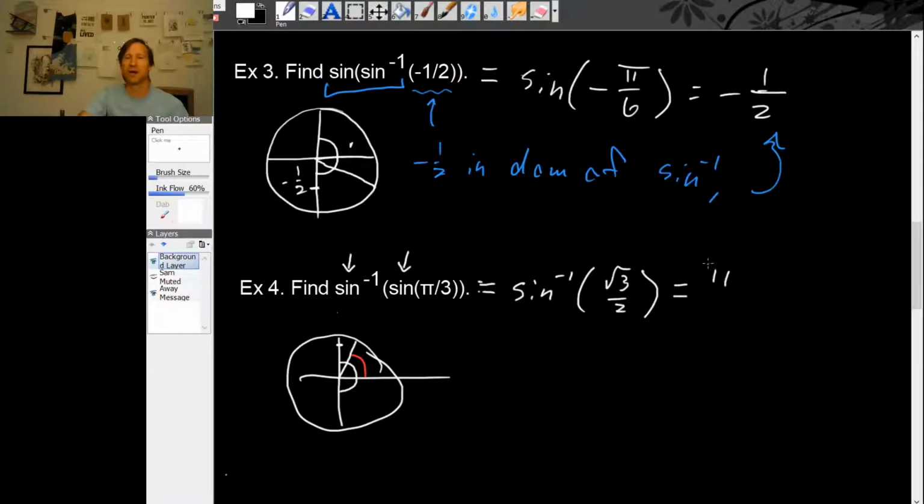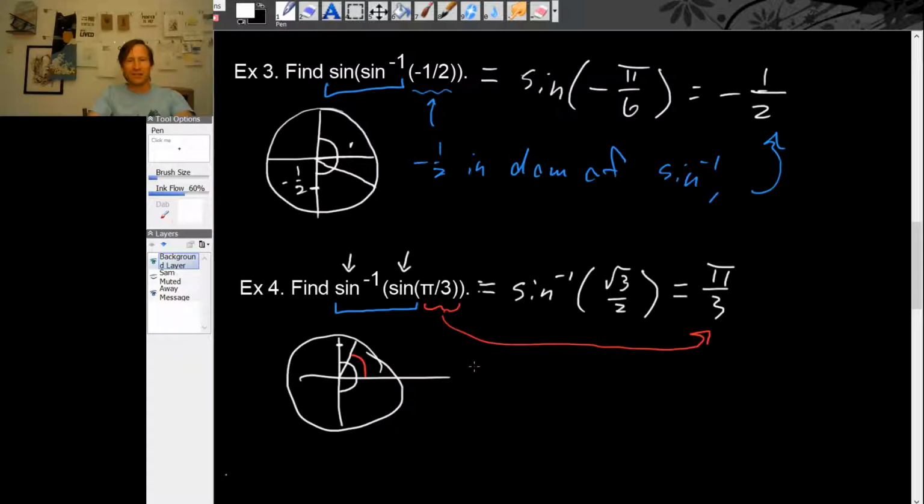It's π/3. And again, this probably doesn't surprise you because look, we have an inverse function and an original function composed here, one inside the other. So shouldn't you always just get the input that you started with?